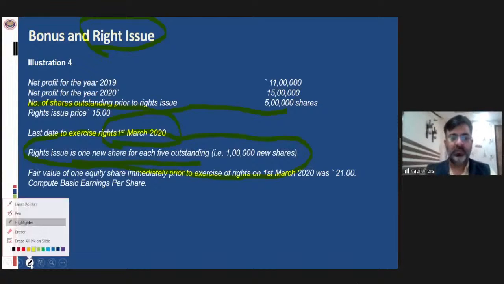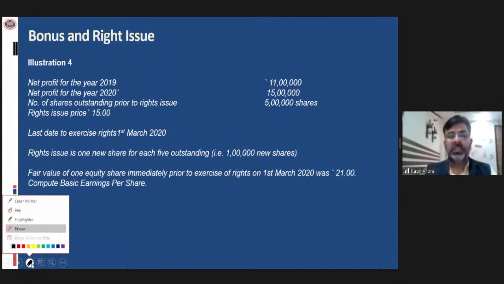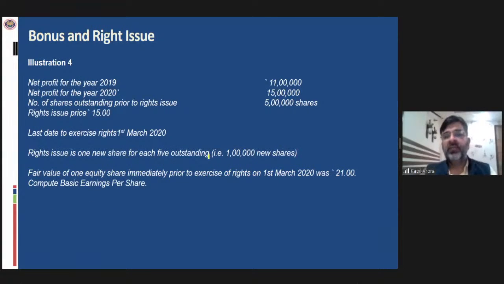So we have done one for every 5. It means 1 lakh new shares have been issued in the right issue.